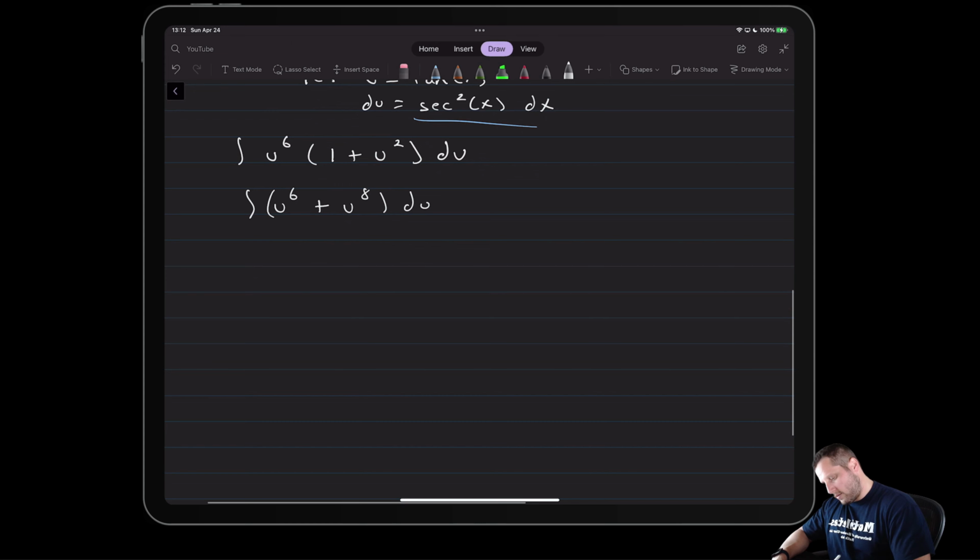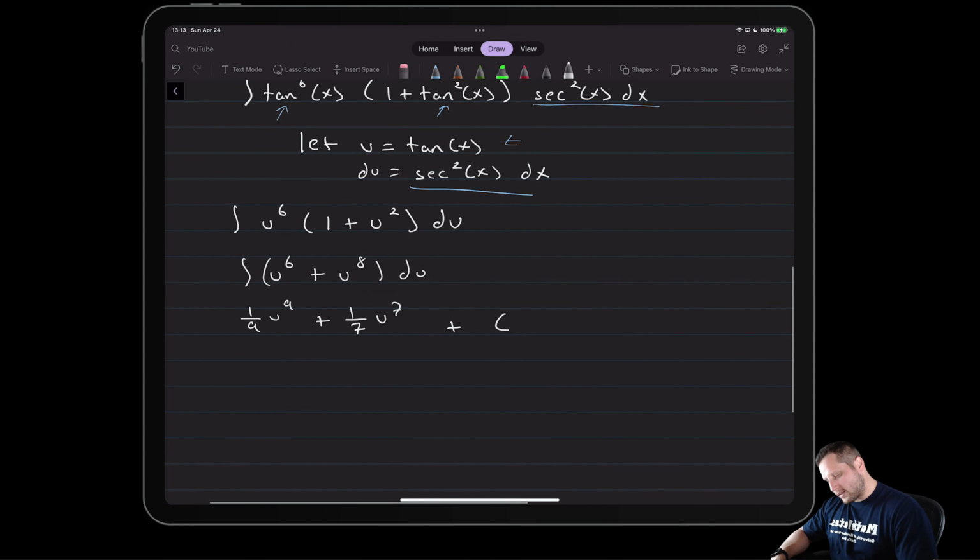This integral then becomes, and I'm going to put it in descending order of exponents, 1 over 9 u to the 9th plus 1 over 7 u to the 7th plus c.